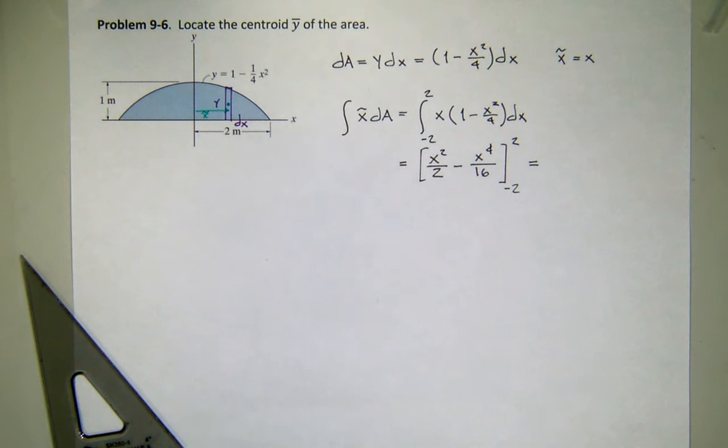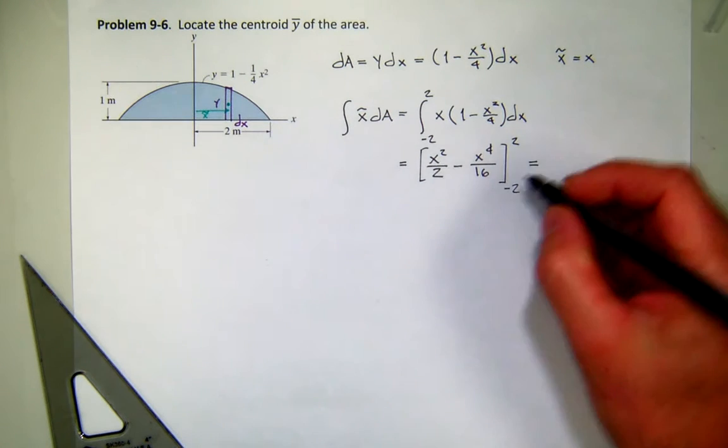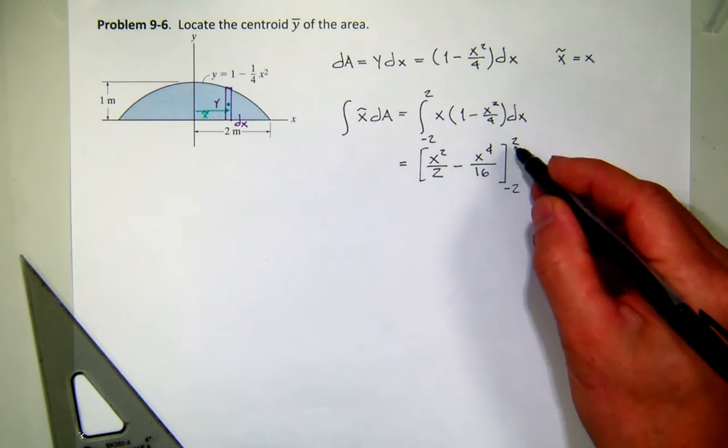Let's see, I got 4. What's that going to be? That's 2. When I evaluated this at 2, I got 3.